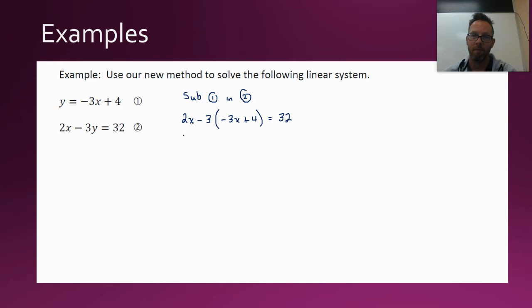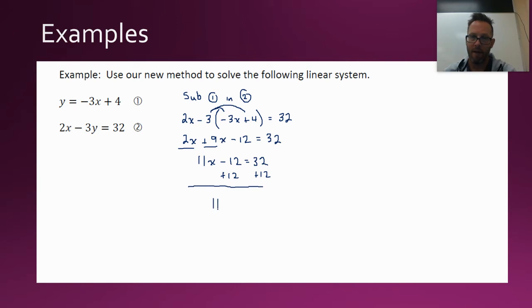So let's continue. Using our distributive law, we have minus 3 times minus 3x. So careful there, that's 9x. Minus 3 times 4 is minus 12, equals 32. We can add these, 2x and 9x add to 11x. And then add 12 to both sides.